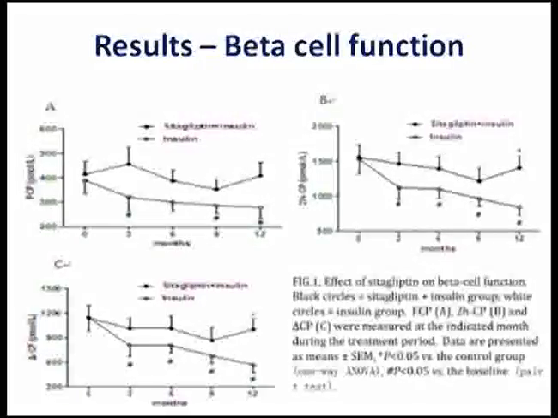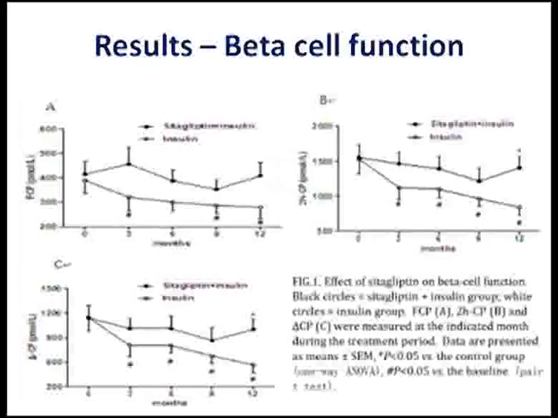The DPP-4 inhibitor sitagliptin has been shown to maintain the fasting C-peptide, the postprandial C-peptide, and the change of C-peptide much better than in those patients who were put on insulin. There are not many studies done with DPP-4 inhibitors, but this is one or two after having searched so much.